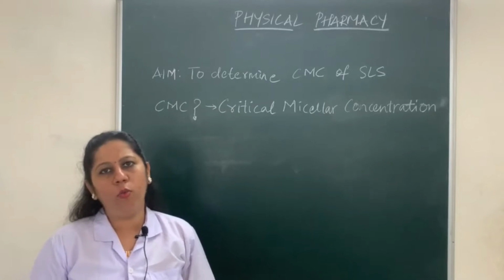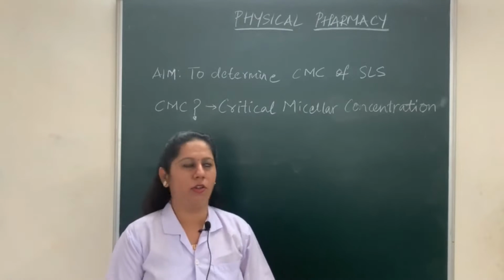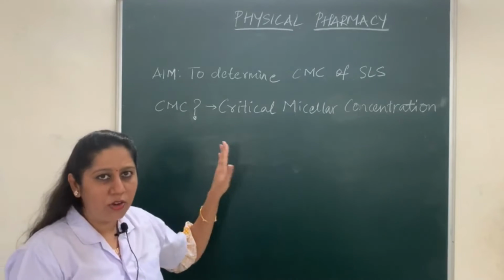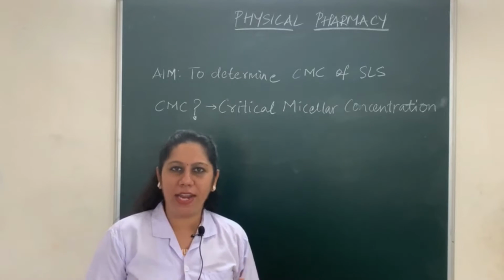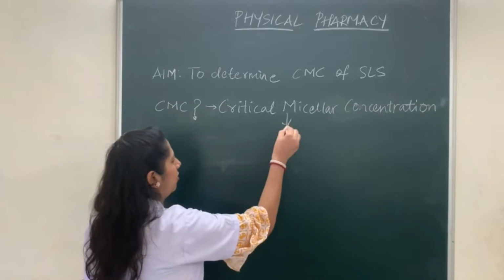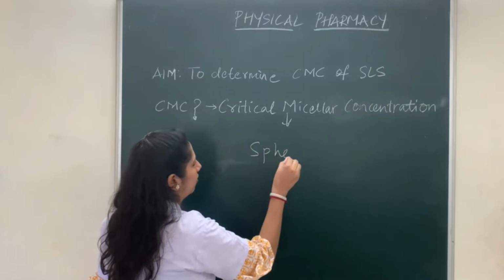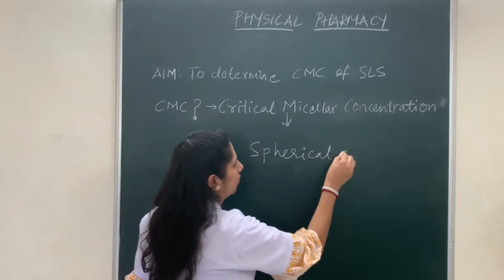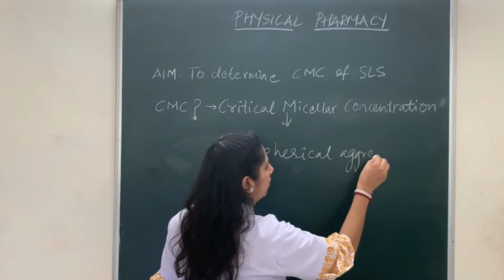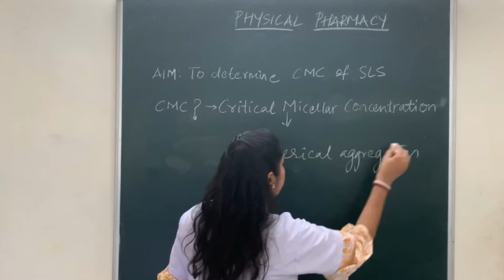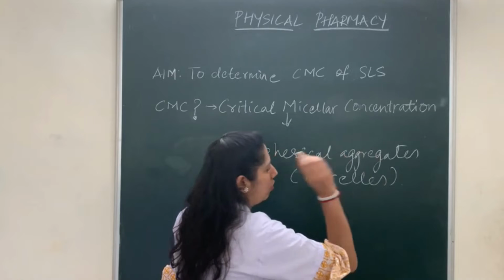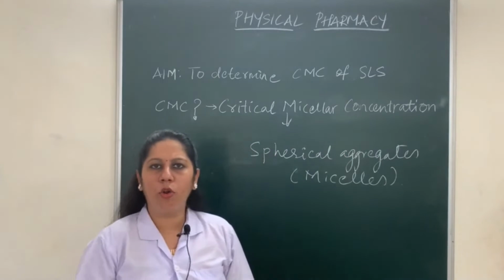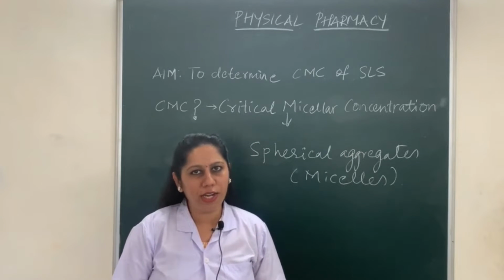So first of all, what is critical micellar concentration? It is the concentration at which the surfactant molecules form spherical aggregates, which are also known as micelles. What is the role of surfactant, which you must have already studied?